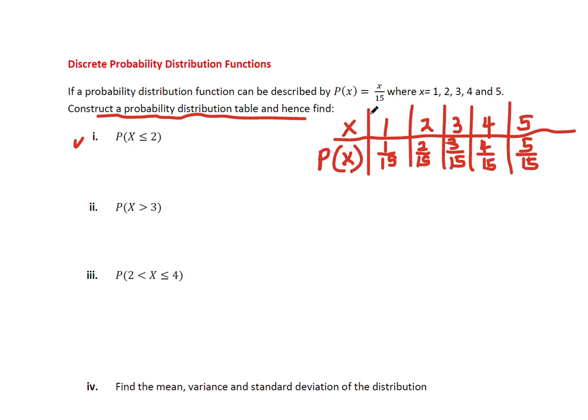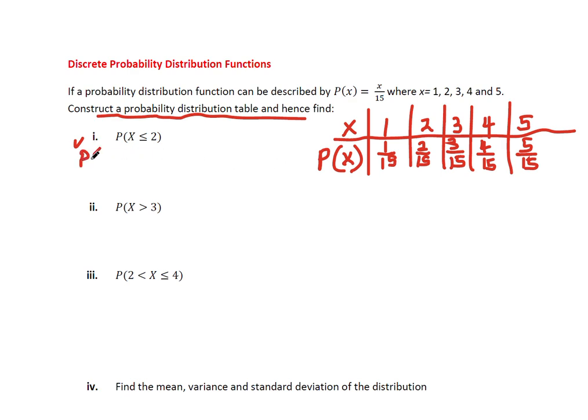In many questions, you might be given a probability distribution table like this, from which you then proceed to calculate a series of probabilities. Instead of being given a function for you to derive the probabilities yourself, in other words, instead of being given a function and then asked to construct the table as we are asked in this case, in many situations you're just given the table and asked to calculate the probabilities.